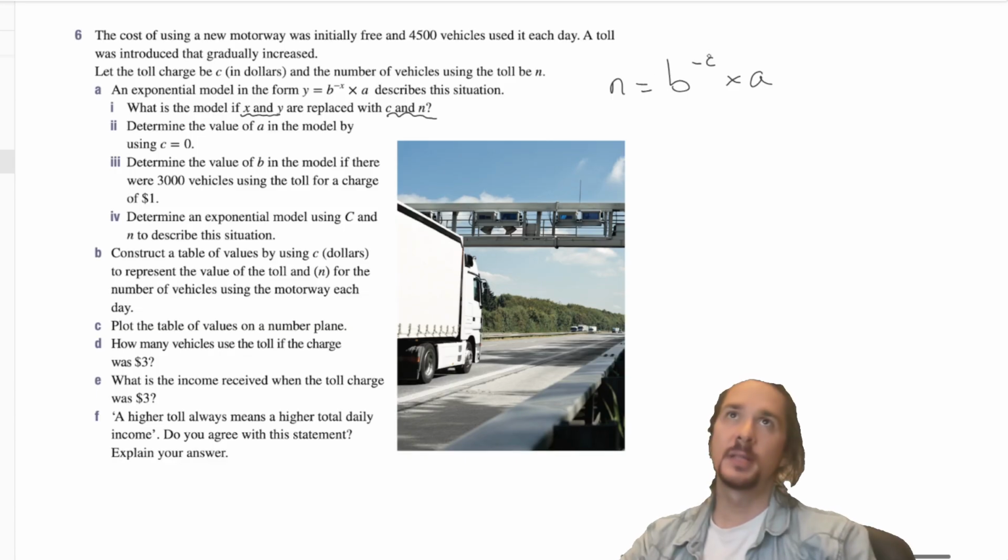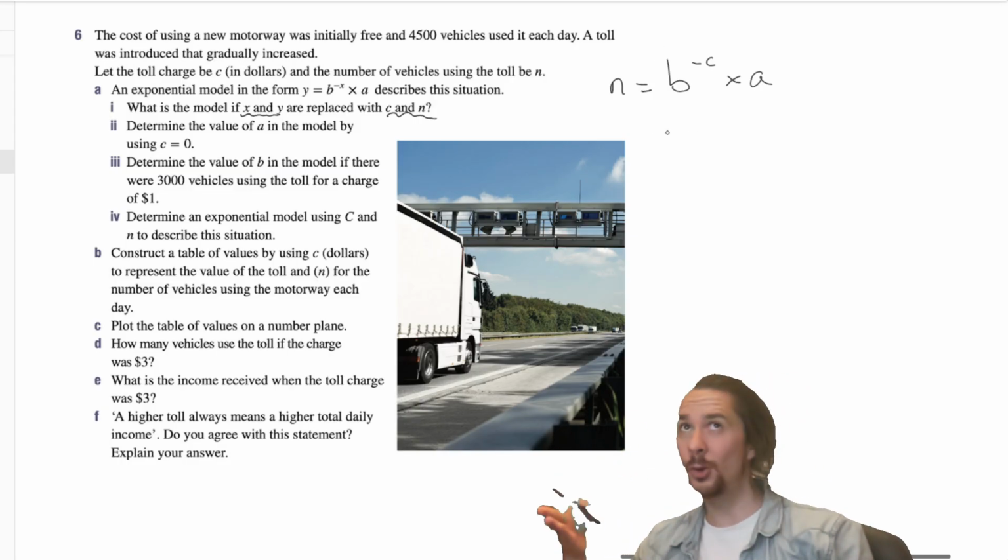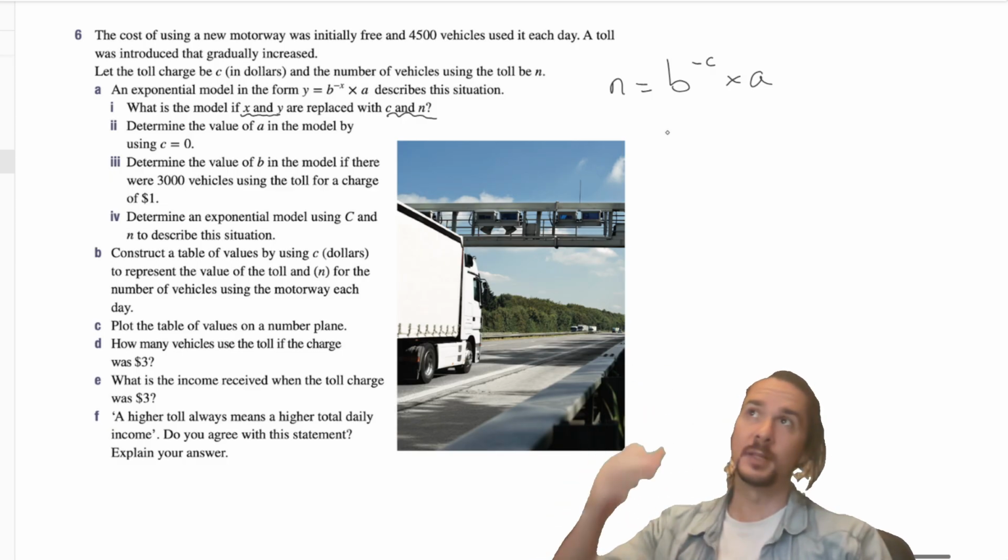So the bigger c gets, the more it costs. Then this, which is 1 over b to the power of c, becomes smaller. So essentially what we're seeing is fewer people use the toll road when the toll increases.